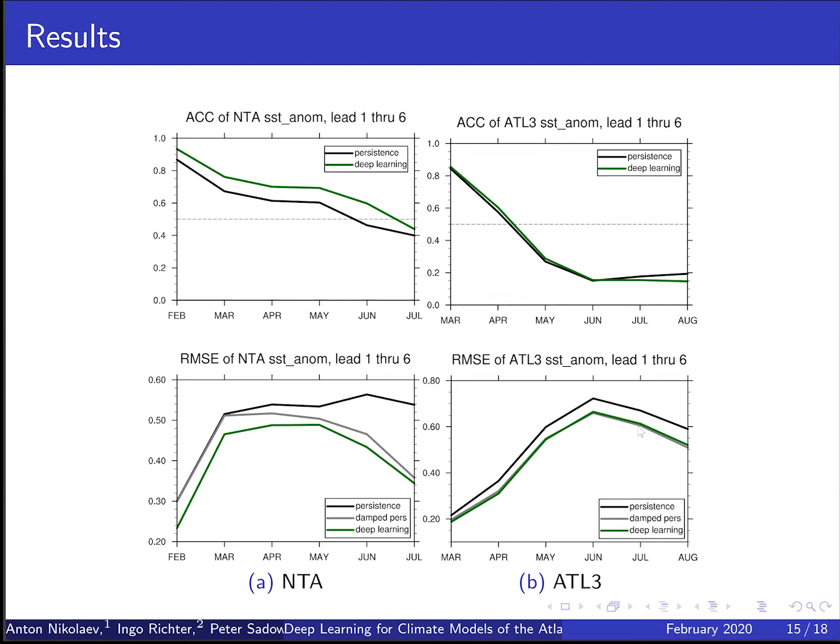And this is kind of a negative result in that, you know, we trained this big fancy model and we weren't able to do better than the simpler damp persistence model in that region. But in the North Tropical Atlantic, which is an easier region, we are able to do better than the simpler model. So the dynamics are more complicated in the ATL3 region.